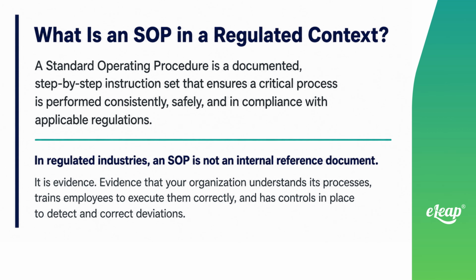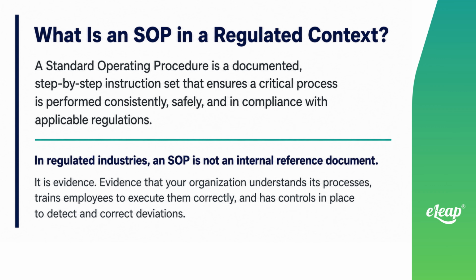Before we get into the components, let's establish what we mean by a standard operating procedure in a regulated context, because this framing matters. An SOP is a documented step-by-step instruction set that ensures a critical process is performed consistently, safely, and in compliance with applicable regulations.